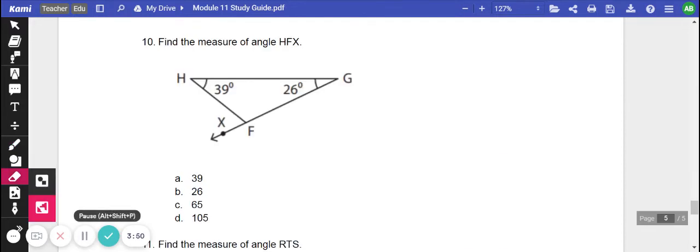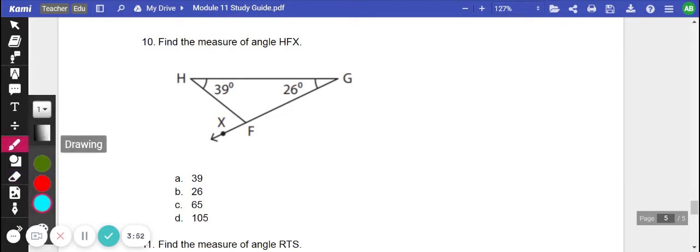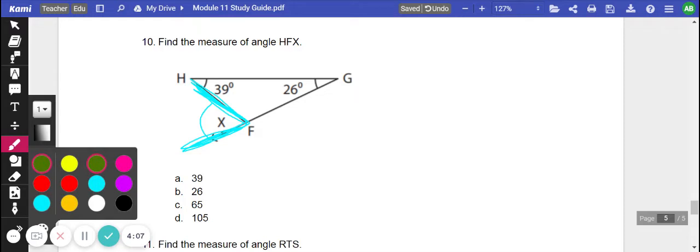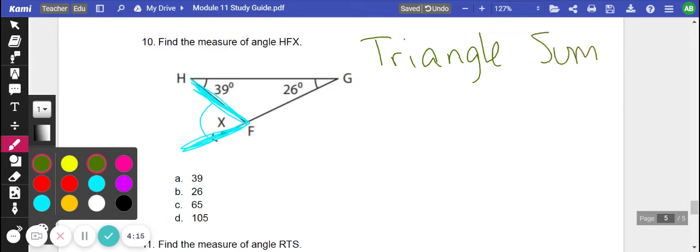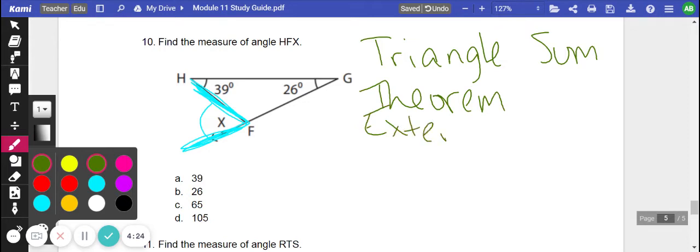Okay, it says find the measure of angle HFX. So that would be this angle then. So it's going this way. This is where we come up with the triangle sum theorem. Right? And we're talking about the exterior angle.